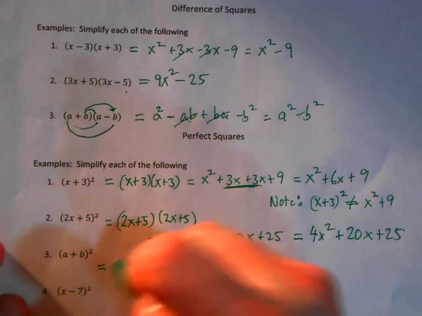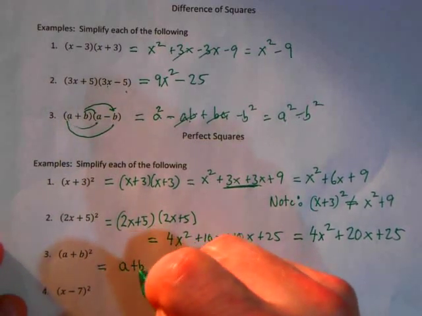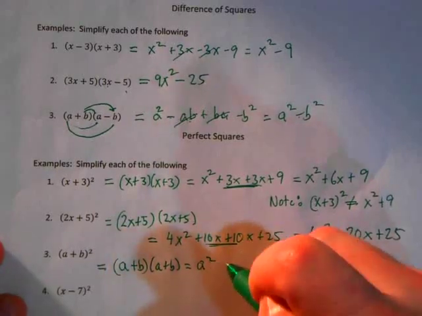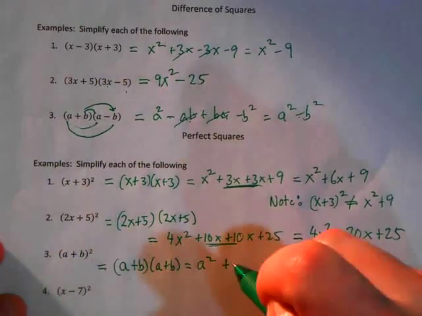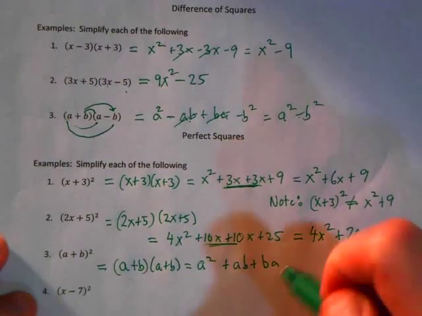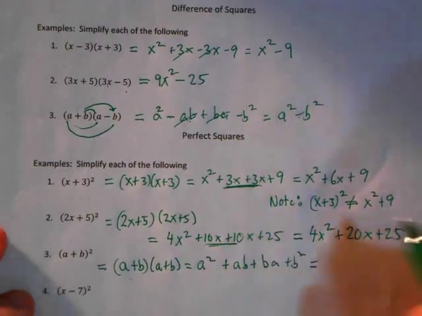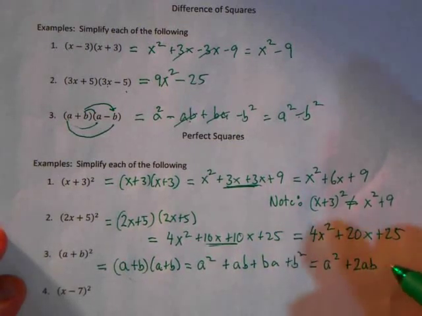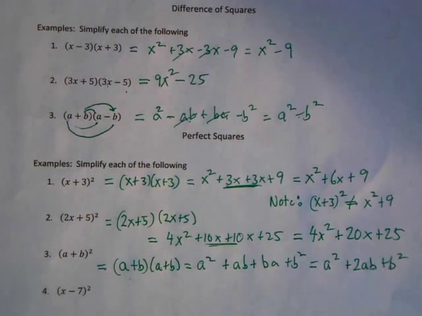Now, let's work it out with just letters in general. A plus b times a plus b. That's a squared plus ab plus ba plus b squared. So what you end up with is a squared plus 2ab plus b squared. Okay, so what this gives you is, it gives you again a little shortcut.